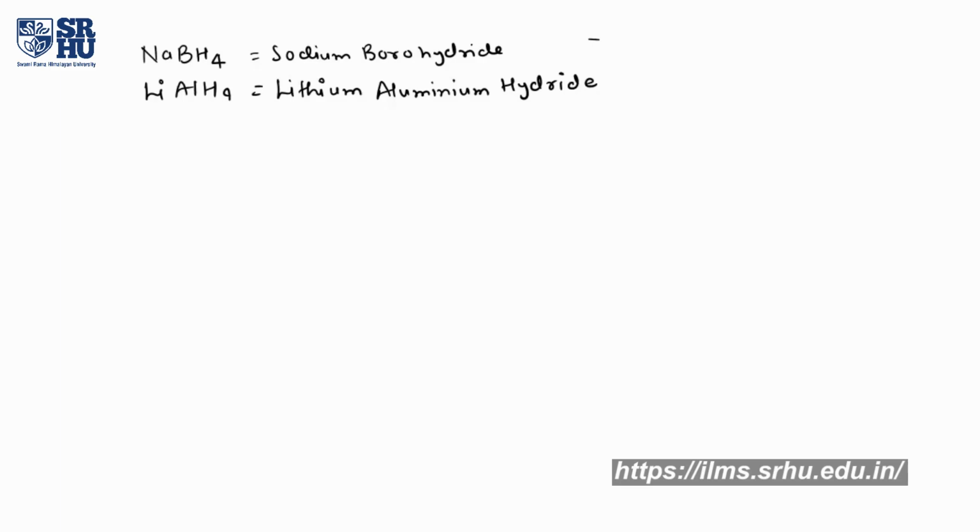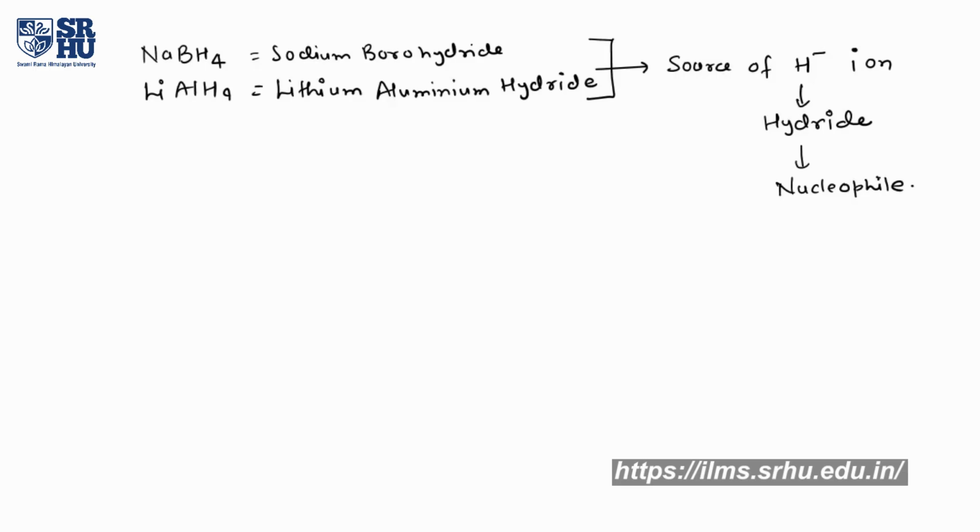The main thing that should be kept in mind is that these two are the source of H negative ion. H negative is known as hydride ion. Hydride ion, because it has a negative charge, can act as a nucleophile, and it acts as a nucleophile in many reactions.